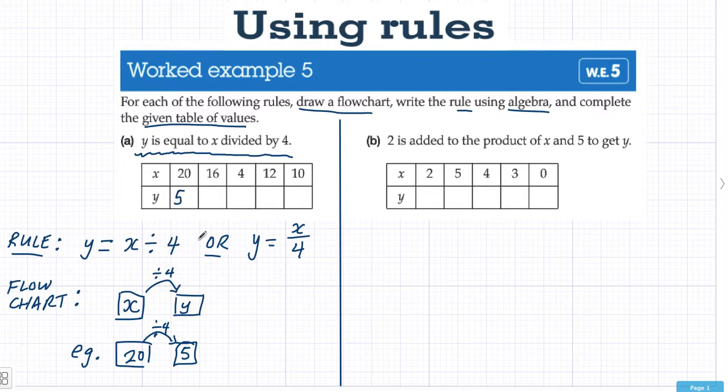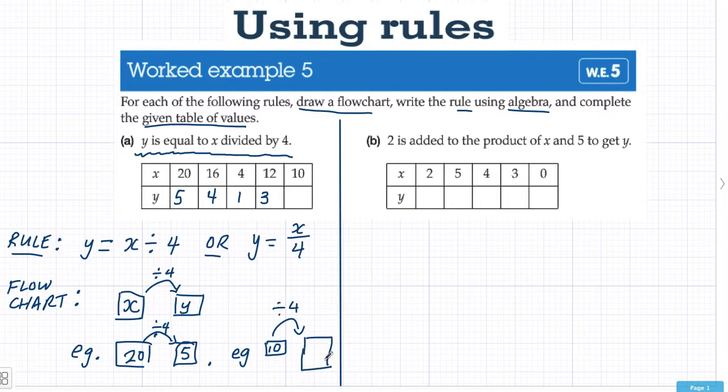All we need to do each time we go through this table is use our flowchart, which tells us to divide by 4. So 16 divided by 4 is 4, 4 divided by 4 is 1, 12 divided by 4 is 3, and 10 divided by 4 is a little bit tricky. So if we look at that, you have 10 as the x divided by 4.